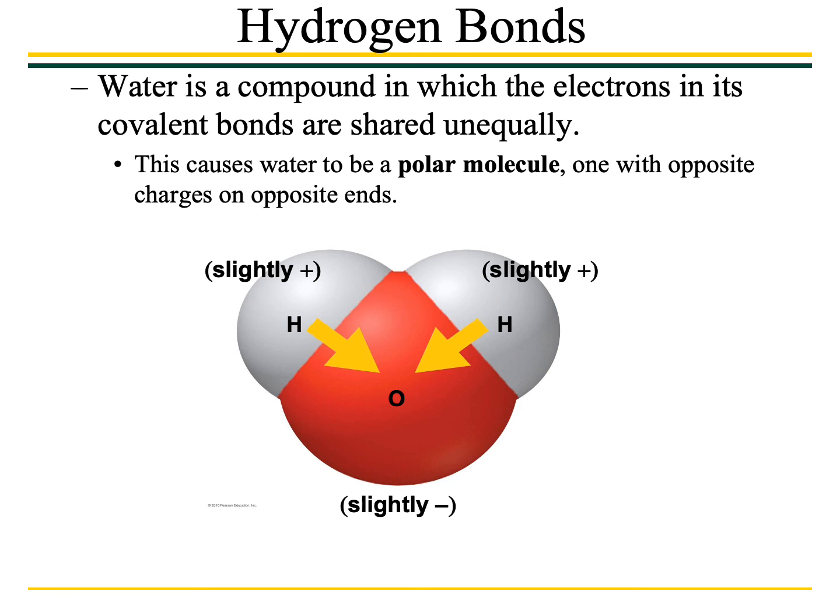In this case, you have what is referred to as a polar covalent bond. It's an unequal sharing of electrons. The electrons spend more time around oxygen than they do around hydrogen. This makes the molecule itself a polar molecule, meaning that there are portions of the molecule that have a slightly negative charge associated with them.